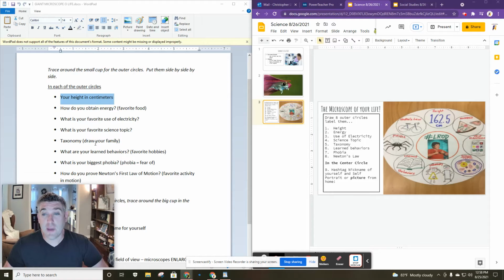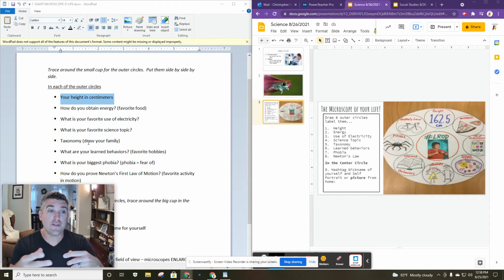Next one is taxonomy. This is your family. Everything in science is grouped, we call it taxonomy, into things from kingdoms to phylums, and this is how we classify animals. And so what you're going to be doing is you're going to draw your family. And remember, we talked about family before I left on Thursday and Friday, that family doesn't have to always be biological, okay?